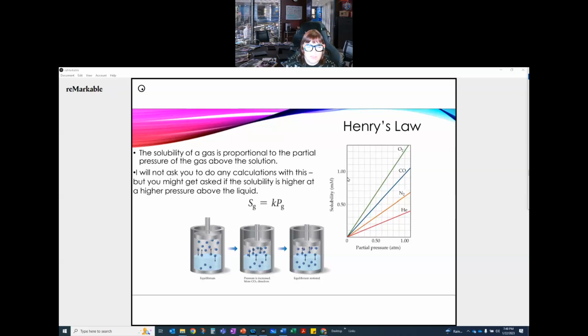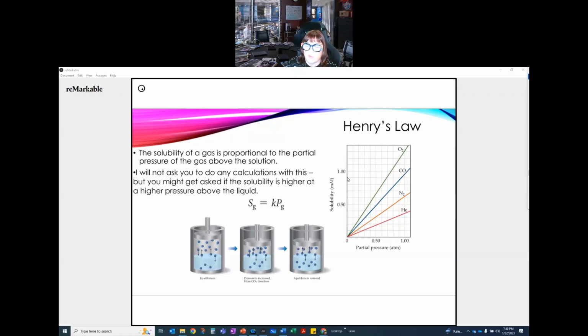But you might get asked if the solubility is higher at a higher pressure above the liquid. So I might say something like, I have this gas, like CO2, right? Carbon dioxide, that's above a solution of soda. And I pressurize that container that the soda is in.